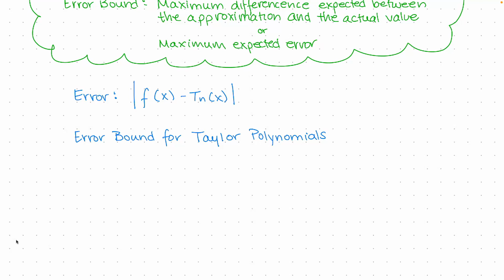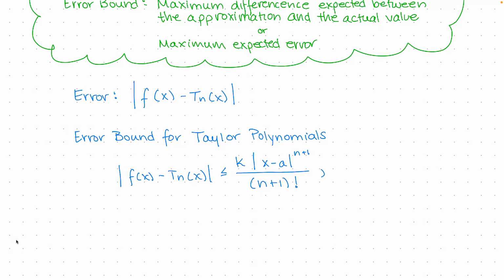The error that you get, which again is this, will be less than or equal to this thing. Just write it down. I'll explain it to you. It's going to look crazy, but it's not that bad. K times the absolute value of x minus a to the n plus 1th power over n plus 1 factorial.